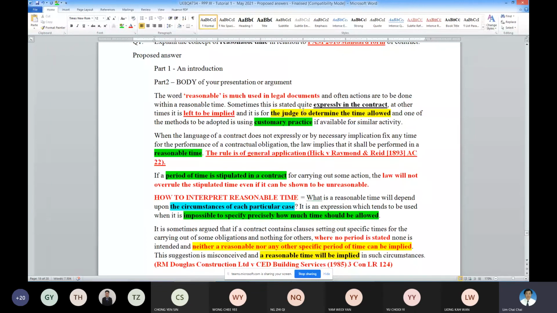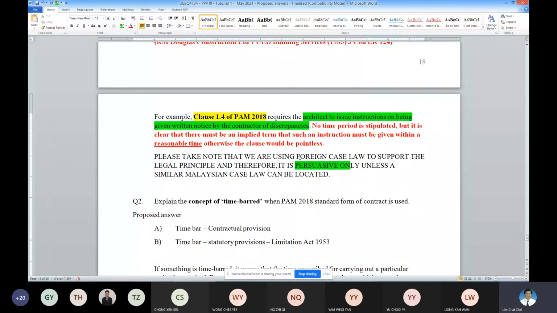You're asking me what is reasonable. I tell you it is not for me to decide, or for the consultant or the employer to decide. It is for the judge to decide if there is an argument. If there is no argument among the parties, then that figure will be taken as reasonable. So with that, the concept of reasonableness is explained to you.